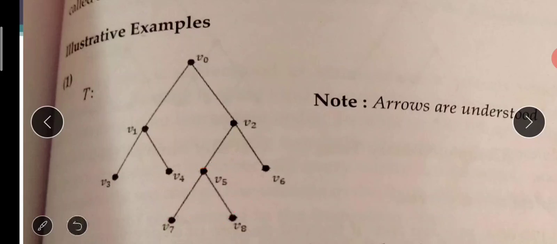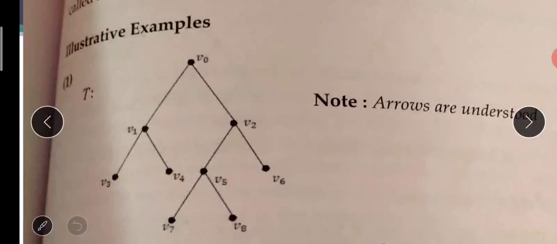Now, next one, try to understand this. Vertex V1 is the parent of V3 and V4. V3 and V4 are children of V1.